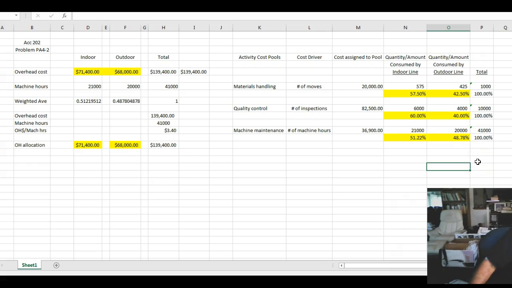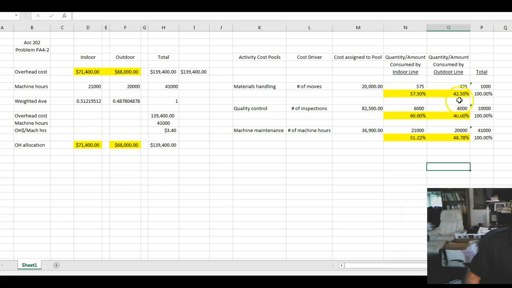So we've calculated the proportions or the percentages for each of the activities involved in producing these two products using the amounts of the various cost drivers used for each of the activities.